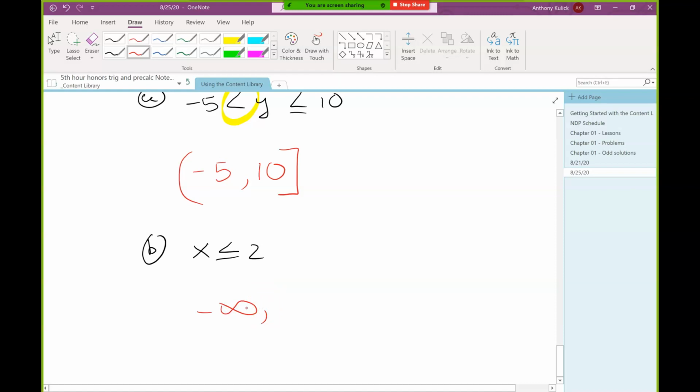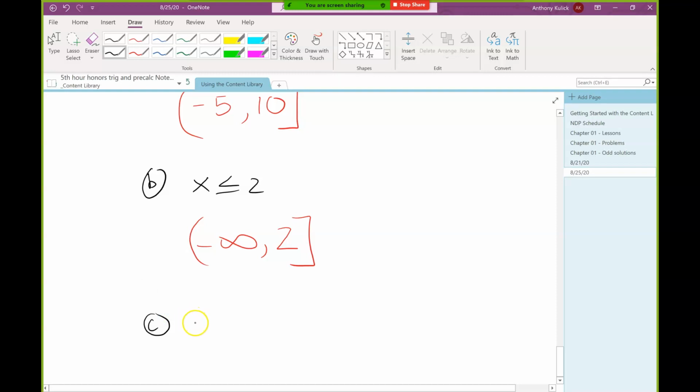For that, when there is no lower bound or no upper bound, we use -infinity or positive infinity, respectively. The upper bound here is 2. Very good. Now for the -infinity, parenthesis or bracket? Always parentheses for the infinities. Very good. And the 2 gets a bracket. Okay.